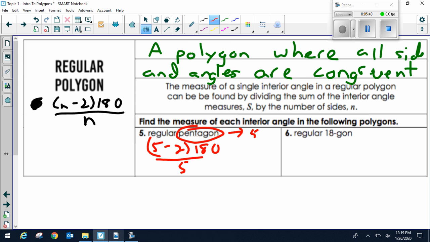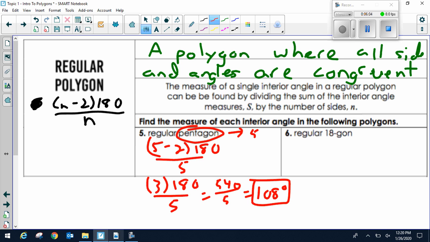Well, 5 minus 2 is 3, times 180 divided by 5. 3 times 180 gives you 540. And then you're going to divide that by the number of sides, which is 5, to get each angle inside that pentagon is 108 degrees.